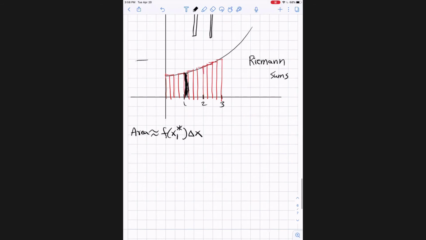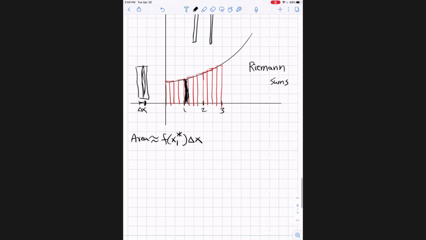So when I'm getting the area of the rectangle, the delta x is the width of the rectangle. The height of the rectangle is the function value, which is f of x. Now, f of what though? F of 2, f of 3? Well, it's x sub 1, that first rectangle that you see.